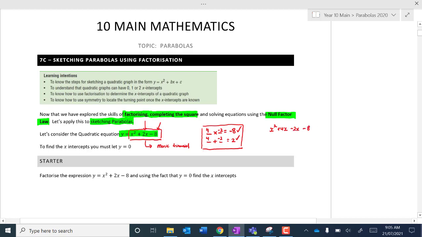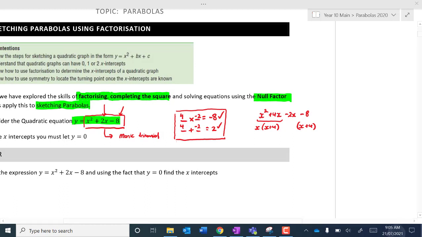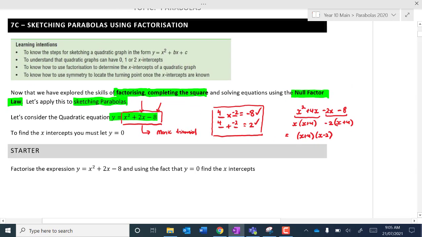Then we do grouping, because the highest common factor of these two is x, which would give us x plus 4. And I've got this x plus 4 again, which was the hint. What would be out the front of these two? Negative 2 would be out the front, and we could then group them together. x plus 4 is our factor for both of those, and if I multiply it by x minus 2, we have factorized that quadratic.